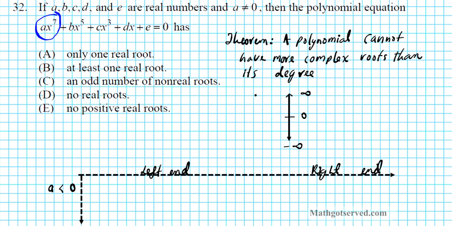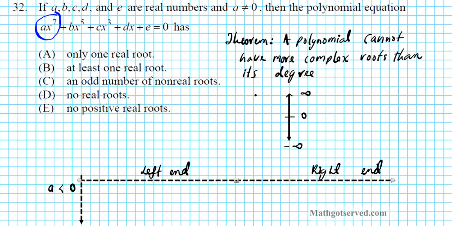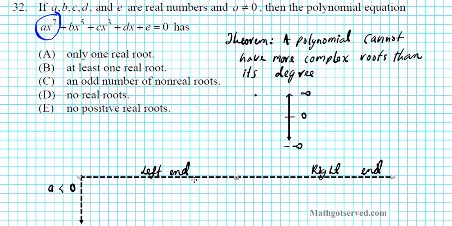We're going to look at the left and right end. For A less than 0, we have a negative value for A right there. So in that situation, what does the function approach as x goes to negative infinity?